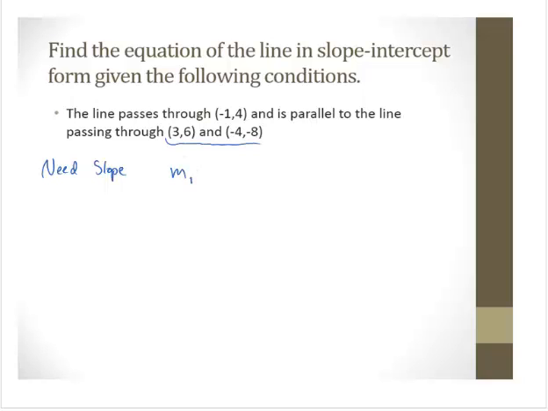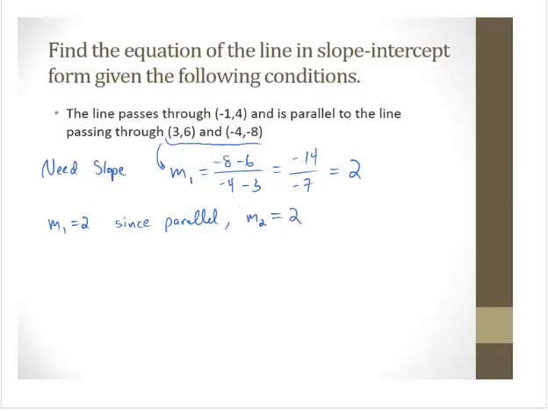All right, so I'll say m1 for these points. m1 is 8 minus 6 over -4 minus 3, which is 2 over -7... which is positive 2. So m1 is 2. Now, since they're parallel lines, m2 is also 2.